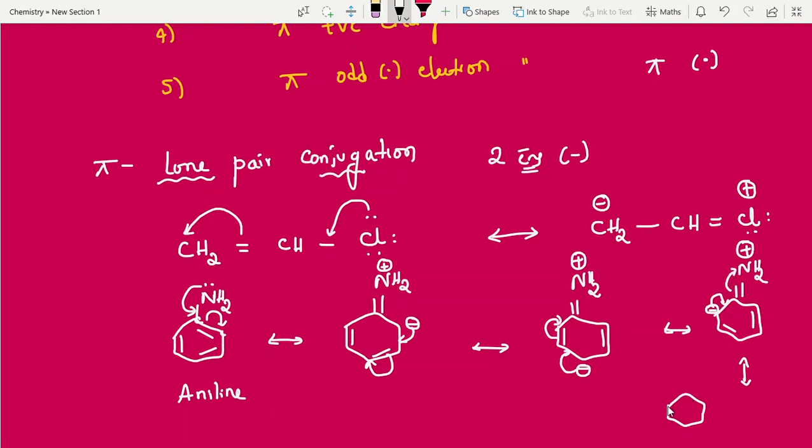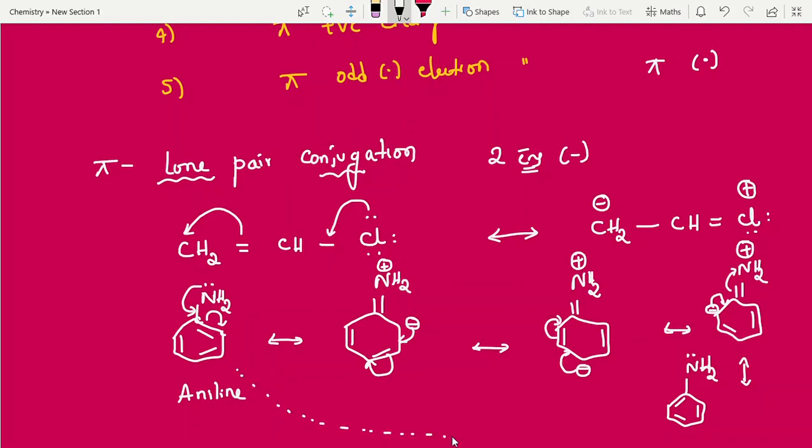Look into this. 1, 2, 3. NH2 finally has the lone pair of electrons as it is. A bond is nothing but 2 electrons; 2 electrons you can write like this. Clear?